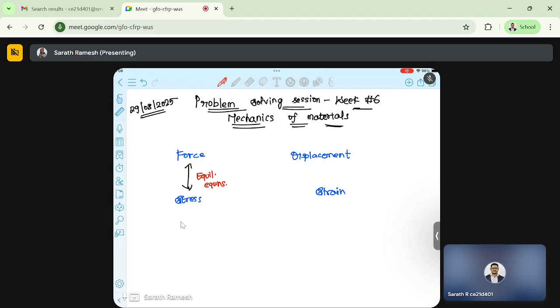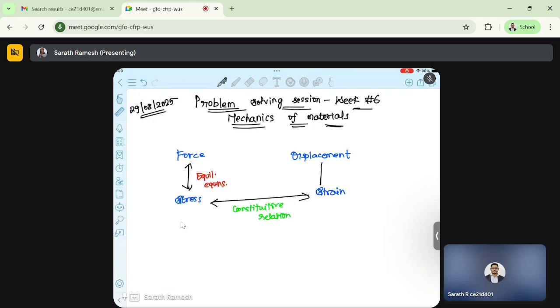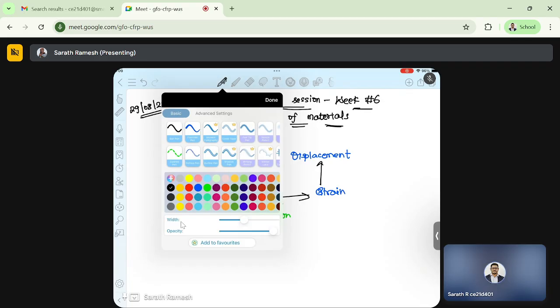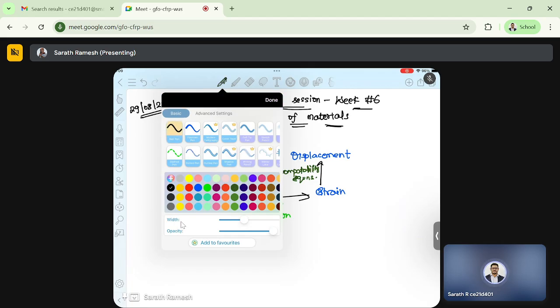and this relation between the stress and strain we call constitutive relations, and the relation between the strain and displacement we call compatibility conditions or compatibility equations, and the relation from displacement to strain we called the strain displacement relation, right?